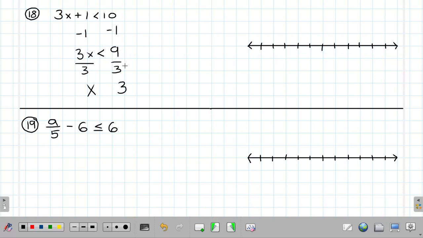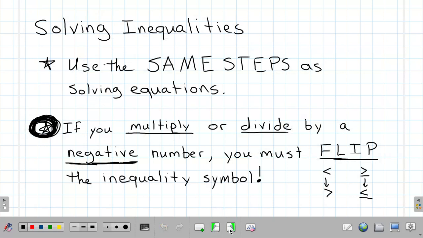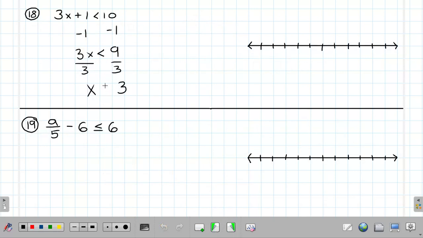But we divided by a positive 3, not a negative 3. Since we divided by a positive 3, the symbol stays the same. So our actual answer is x is less than 3, where, once again, you go over here and label your number line.